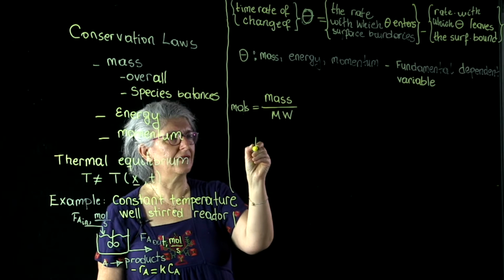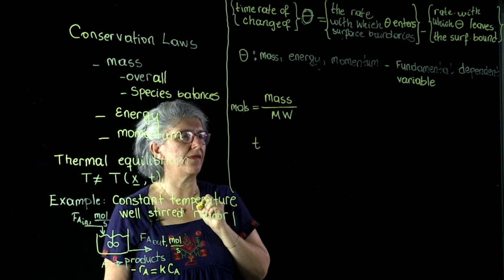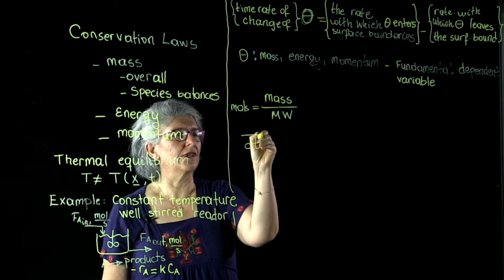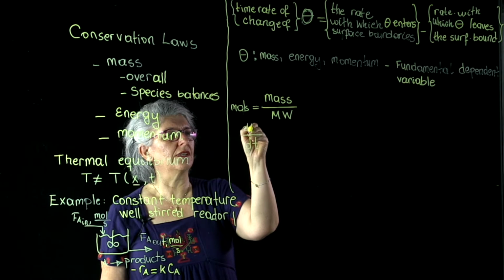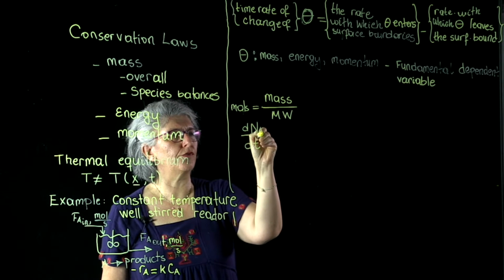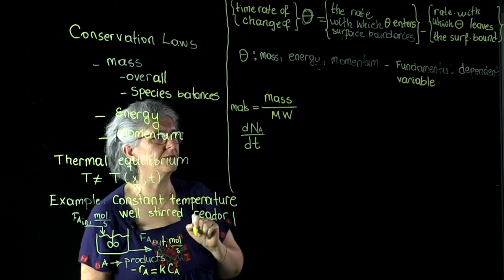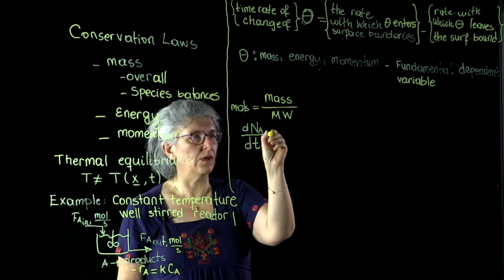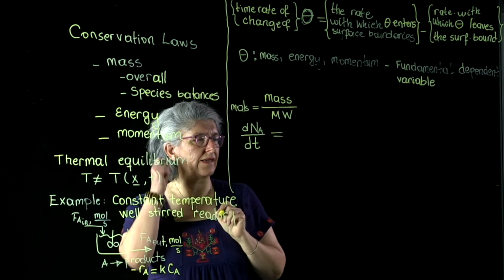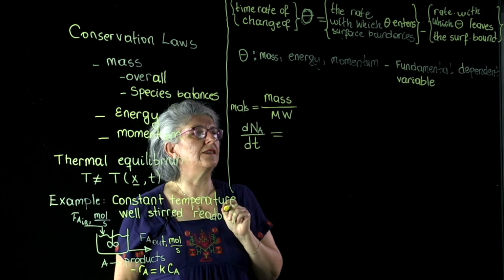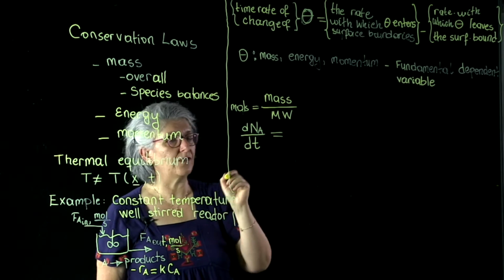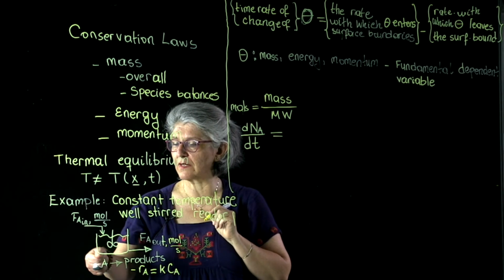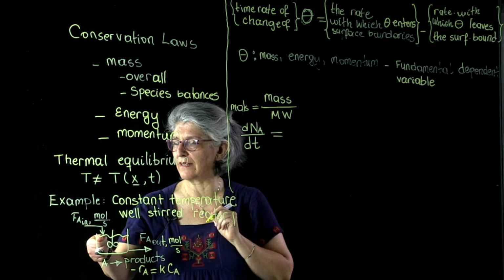Now I'm using the language of math. Time rate of change of number of moles of component A within the system boundary, where N_A is the number of moles of A within the system boundary, is equal to the rate with which moles enter through our system boundary. Our system boundary is this reactor.